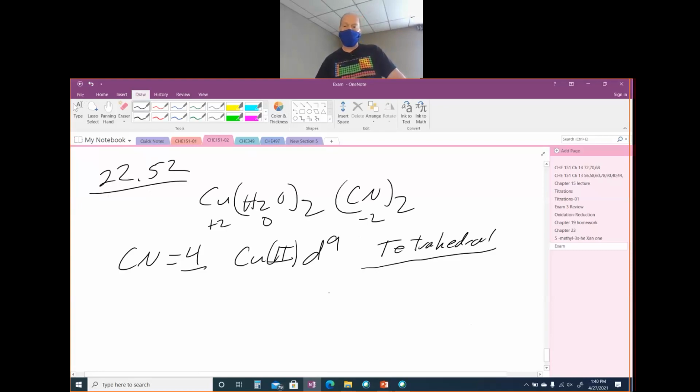And if we put in our 9 electrons, so tetrahedral is the opposite of octahedral. It is 2 on bottom and 3 on top. Tetrahedral is always a high spin. And so when you put in your 9 D electrons, you have a paramagnetic, 1 unpaired electron.